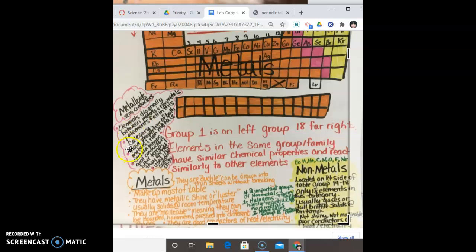Elements that are diagonal between the metals and nonmetals, there are 7 elements that fall into this category. These have properties of both metals and nonmetals, and at certain temperatures they are good conductors, and at other temperatures they are not. These are very important because they're used in things like our cell phones and our computers because they don't ever get really too hot.